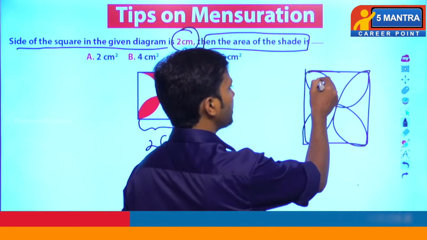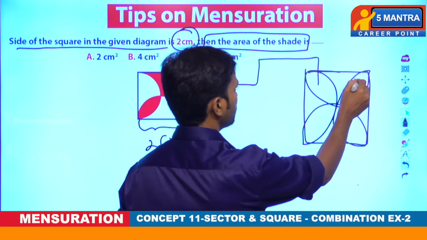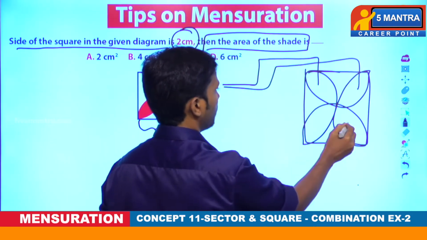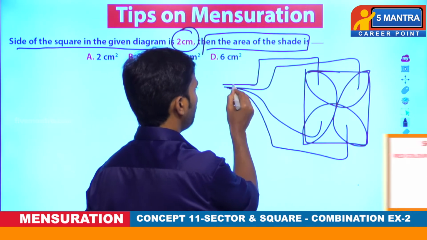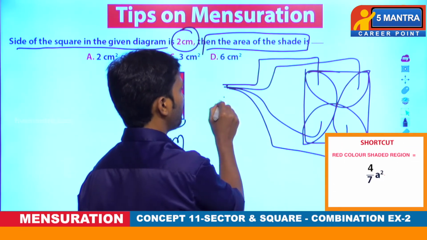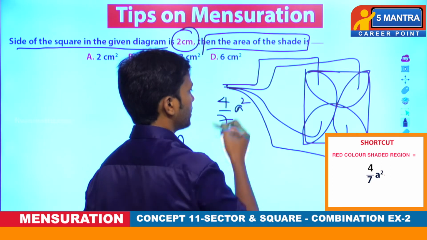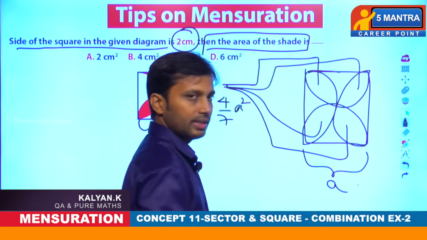What is the flower shaped area? Tell me. I mean these 4 petals: this petal, this petal and this petal, all the 4 petals of the flower are occupying how much area? 4 by 7 a square, where a is the side of the square.